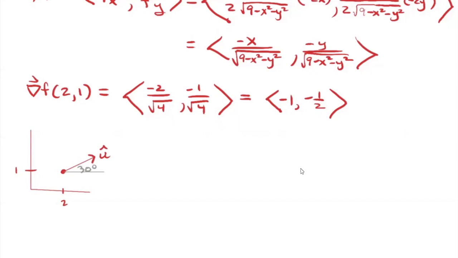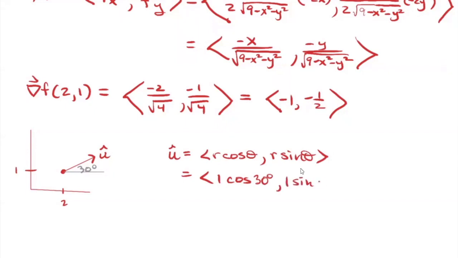Okay, any question about that? Right, so I need a u. Any vector could be written as r cos theta, r sine theta, but it's a unit vector. So r is 1. Theta is 30 degrees. So we just have to figure out what the cosine of 30 degrees is.